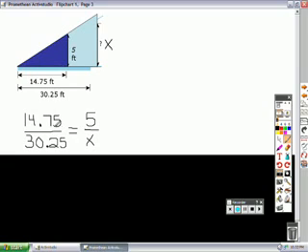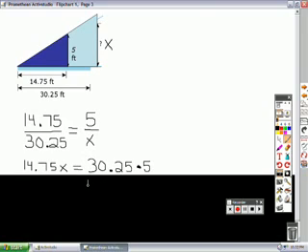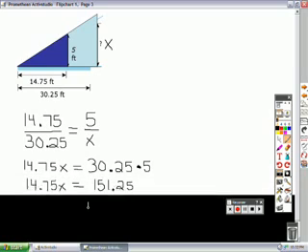In order to solve a proportion, you cross multiply. I'm going to cross multiply 14 7/75 times X, and I will set it equal to 5 times 30 and 2500. In order to solve this equation, I have to simplify this right-hand side first by multiplying.